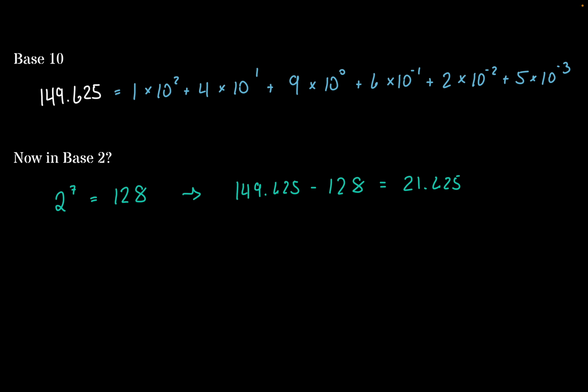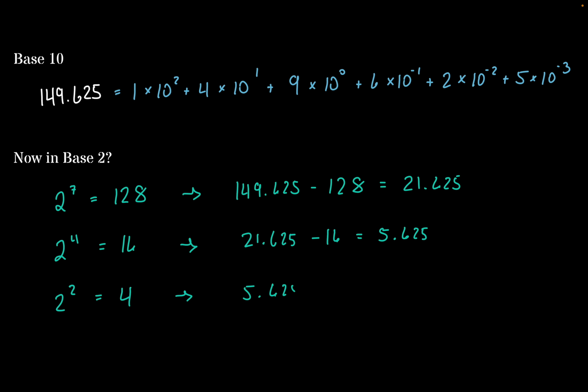The next largest power of 2 would be 2 to the 4, which is equal to 16. By subtracting that, we end up with 5.625. And then, you guessed it, we're doing it again. Now we have 2 to the 2, which is equal to 4, and we subtract that out. So we'll have 1.625.